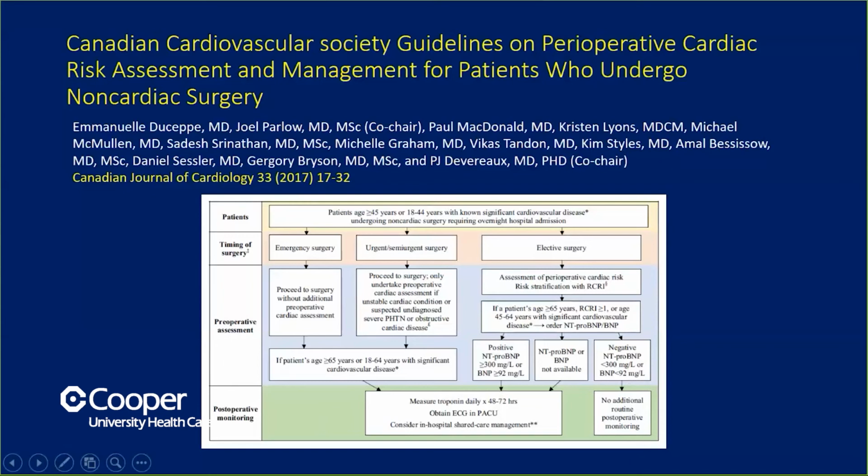If your BNP is above 300, so how do you decide when to check a BNP? There's all clinical predictors that you have to put in there. We don't commonly use this right now in the United States, but it is used worldwide. And in some of your calculators, if you go into the RCRI score, it'll tell you at the bottom of the page, consider checking a BNP. That's where that comes from. So we can talk about it more if you have questions, but just wanted you to see it.